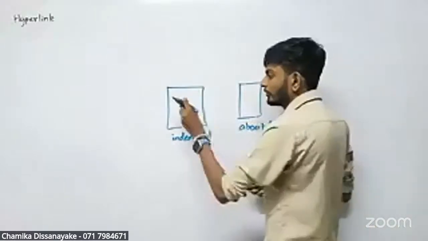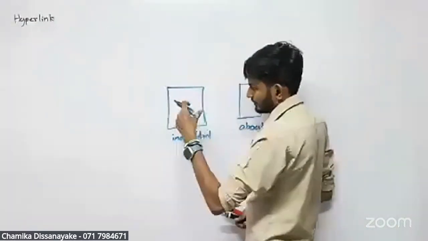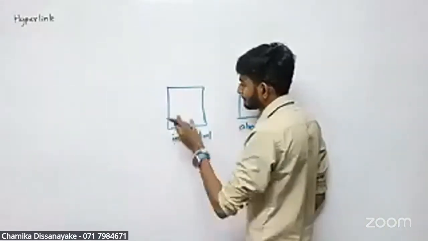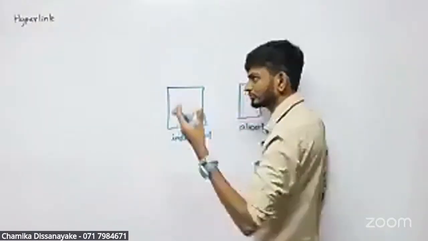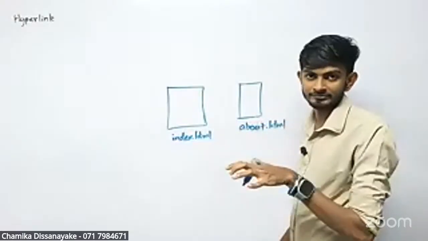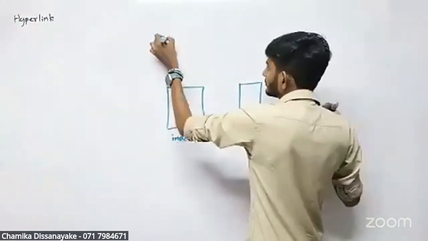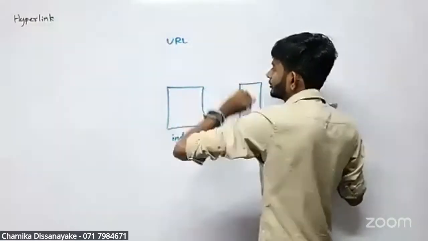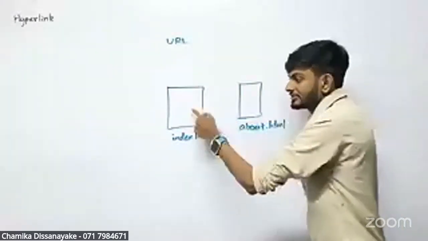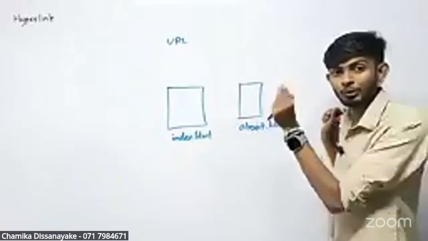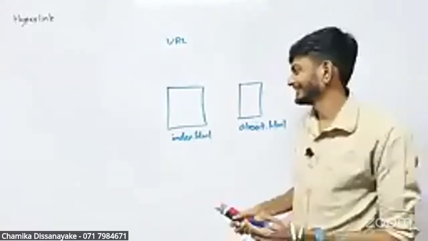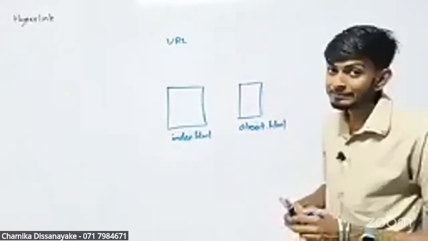So in order to go to this page, this is a web page on the internet, you have to open the web browser and type the URL, the uniform resource locator. You have to type this one in the web browser. That is the address of this web page. Uniform resource locator, it will locate the resource. Resource means the documents, right? We have to type that one.